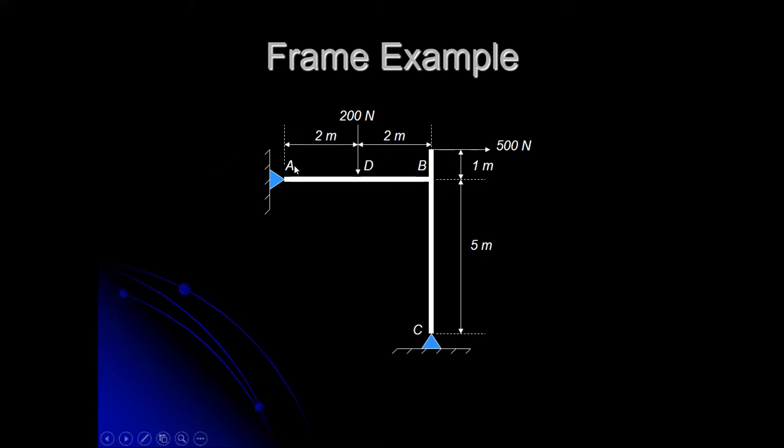So we're going to have forces on this pin at A, we're going to have forces on this pin at C, and we're going to have forces on this pin at B. Each one of those represents two unknowns. So in total, we have 6 unknown quantities.